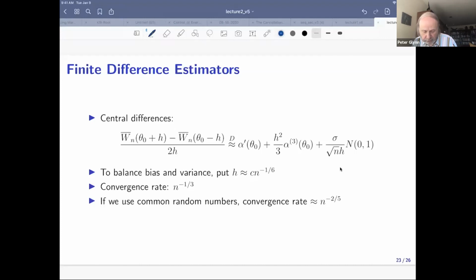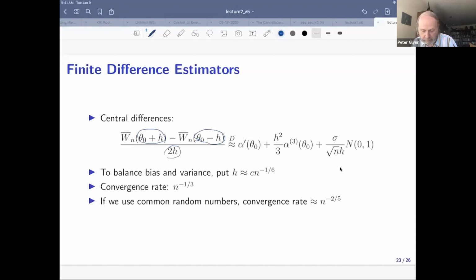So, just a very quick sense of what happens in this context. The natural finite difference approximation, if you want to compute the gradient of the performance at, let's say, the point theta naught, the derivative at the point theta naught, is to do some simulations at theta naught plus h, and simulations at theta naught minus h. That's central differences, divided by 2h.